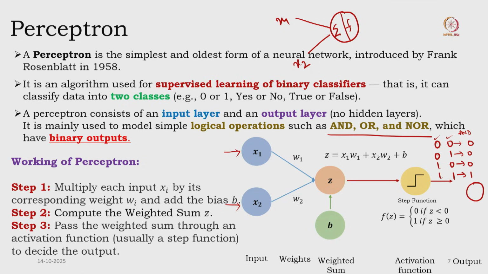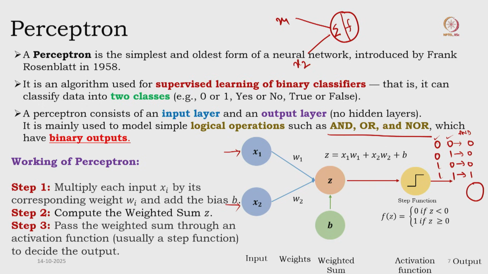We have x1 multiplied with its weight, x2 multiplied with its weight, and then there is also a bias term that is added to it. This is the summation part, and the result of this summation, the z value, is given to an activation function. The activation function used in perceptron will be either a step activation function or a threshold activation function.